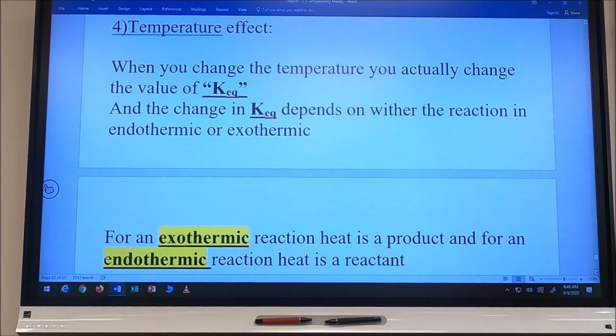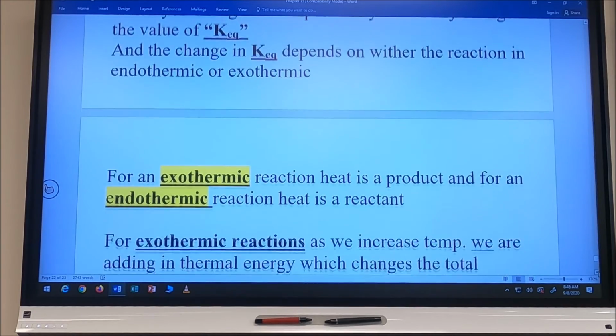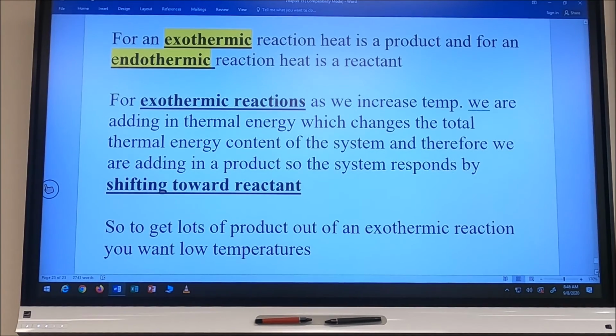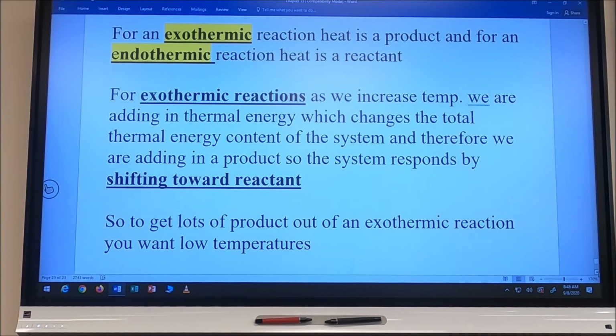Okay? For an exothermic reaction, heat is a product. In an endothermic reaction, heat is a reactant. They're invisible reactants and products, but they're there.